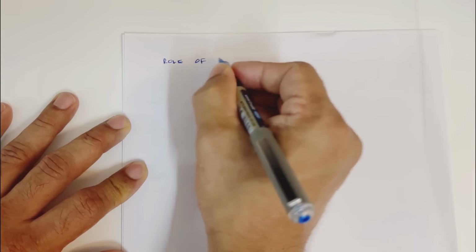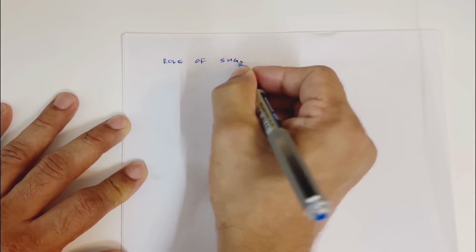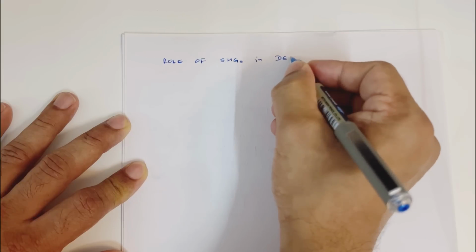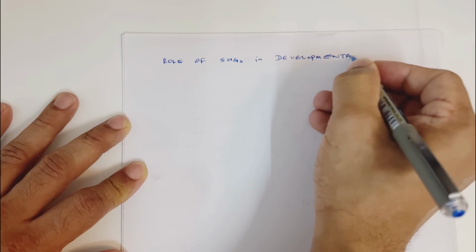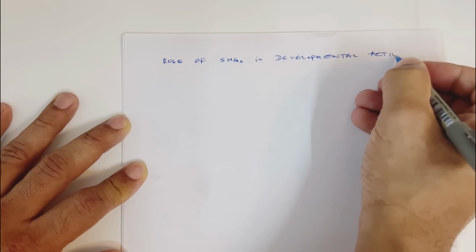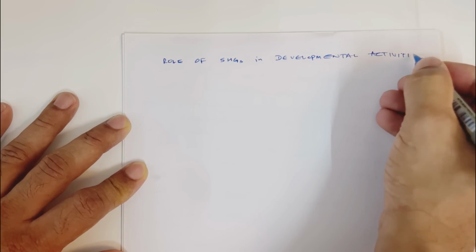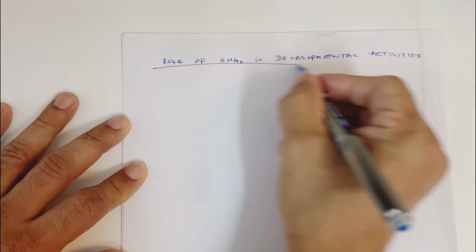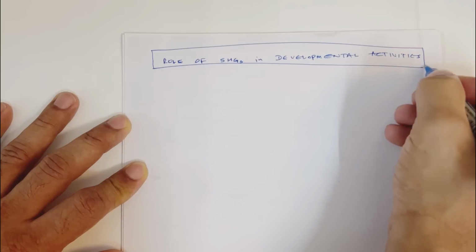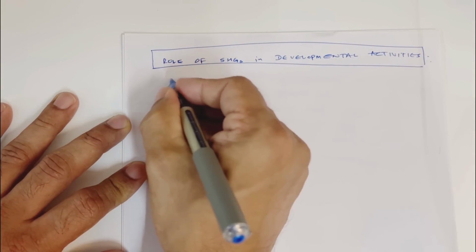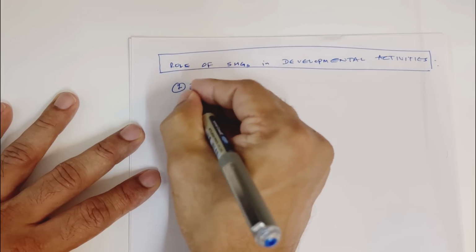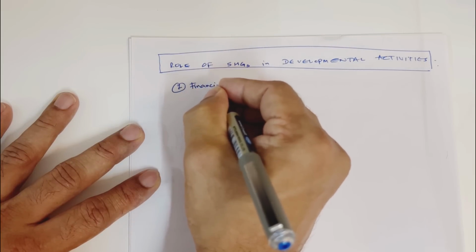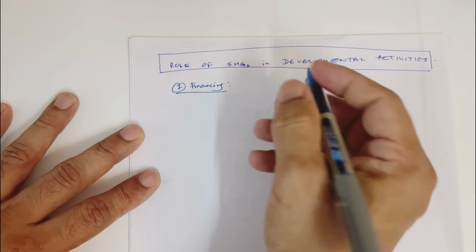Role of SHGs in developmental activities. You can box it because you make it very obvious that here you have written this particular point. All right. Financing. That is a key role. That is the most important role.